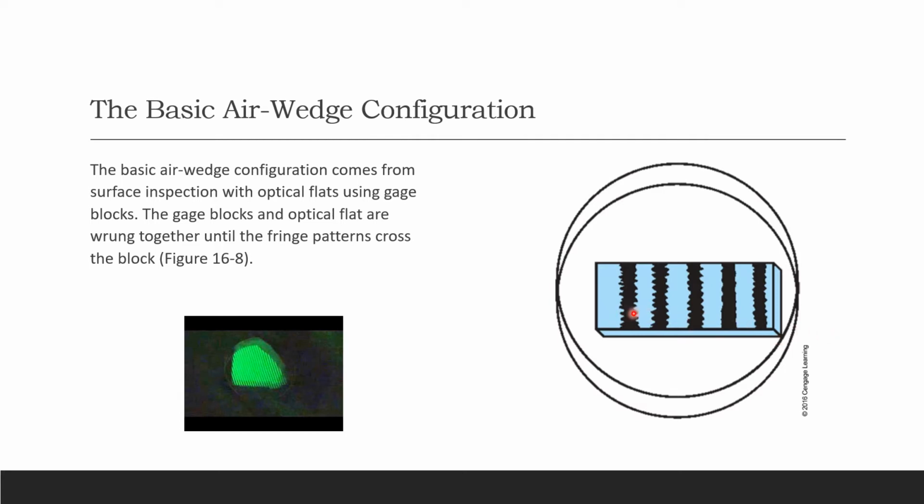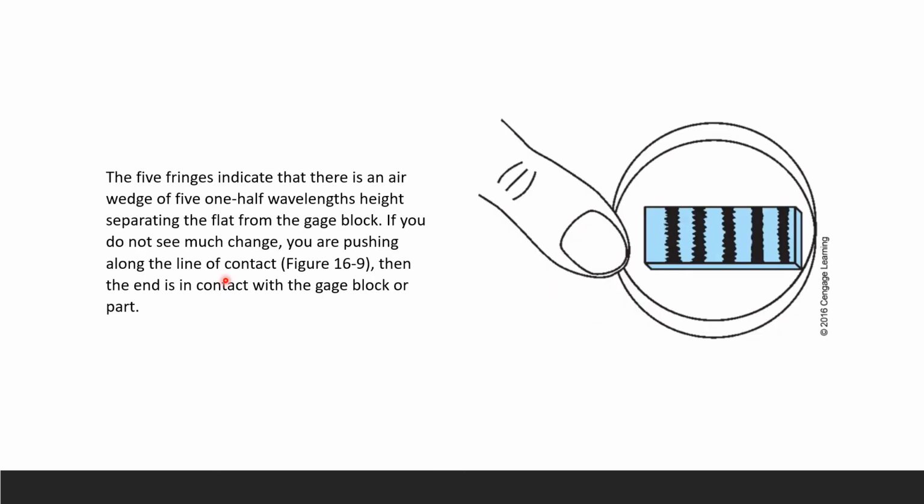We already know the wavelength, so we take 1/2 of whichever wavelength we use in the optical flat. That's how we count the measurement. So the 5 fringes here indicate an air wedge of 5 half wavelengths in height, separating the flat from the gauge block.